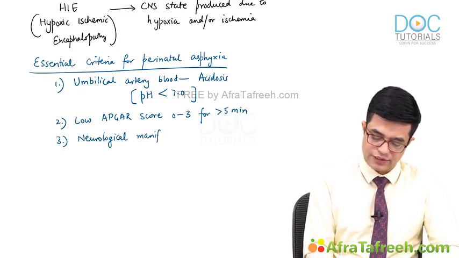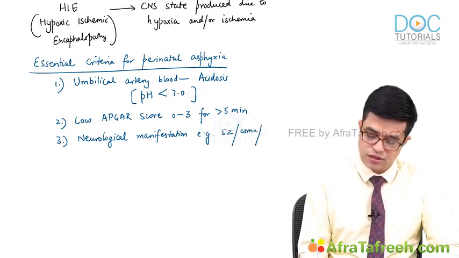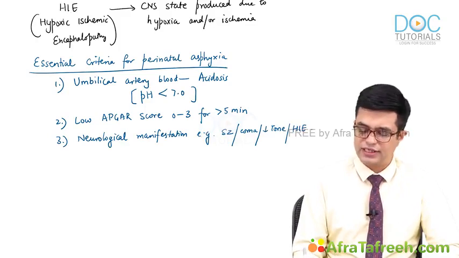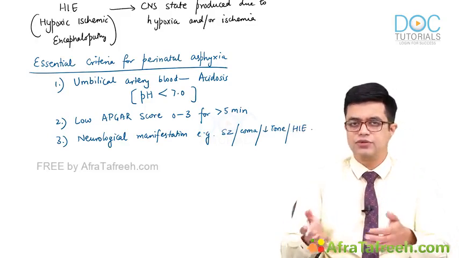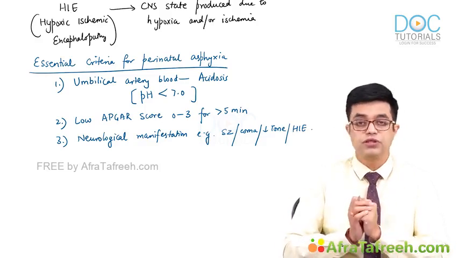Any neurological manifestation, like seizures, or coma, or decreased tone, that is hypotonia, or any other manifestation of HIE, that is just vague altered sensorium in the child, poor feeding, that kind of issue. So any neurological feature should be present.